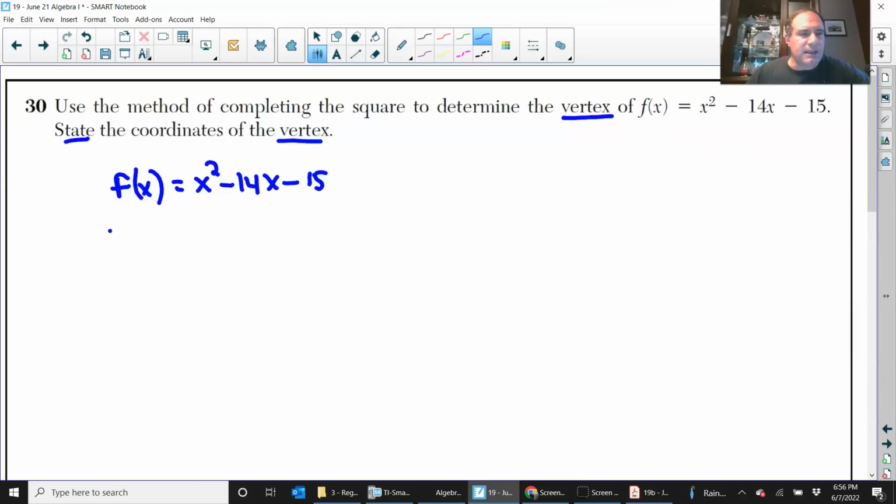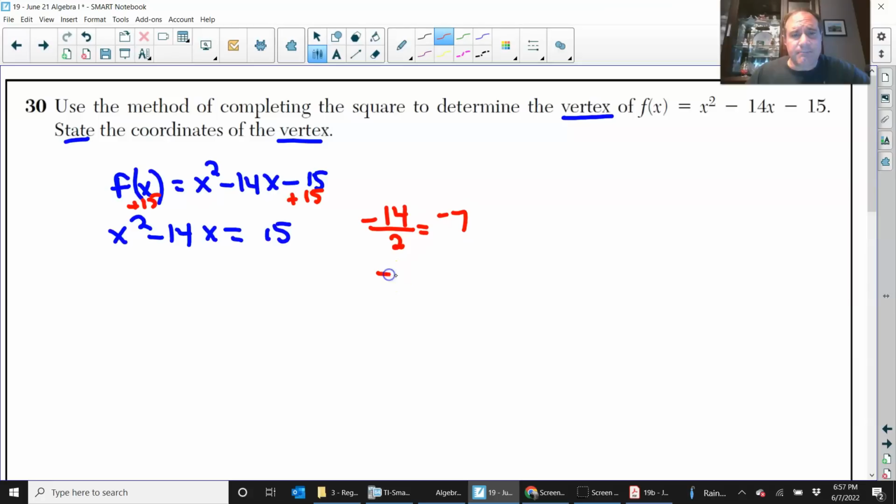So the first thing that I want to do is move that 15 over, right, by adding. So I'm going to add 15 to both sides. And when I add 15 to both sides, it looks like this. So then completing the square, you're going to take the b, 14, and divide it by 2, and you get negative 7. Then you take that answer and you square it, and this becomes 49.